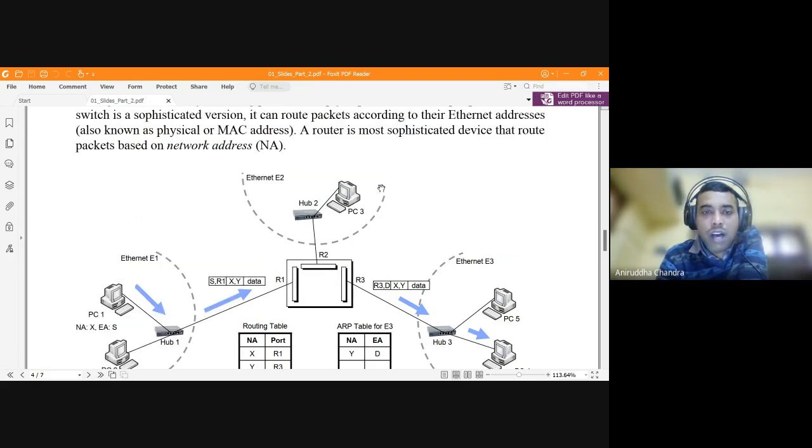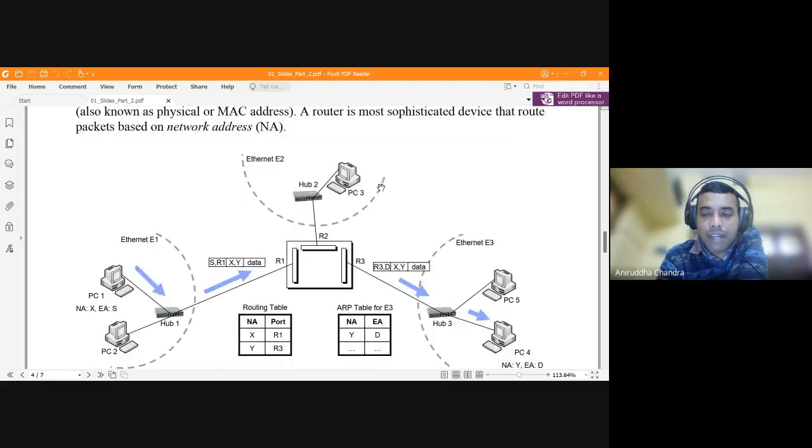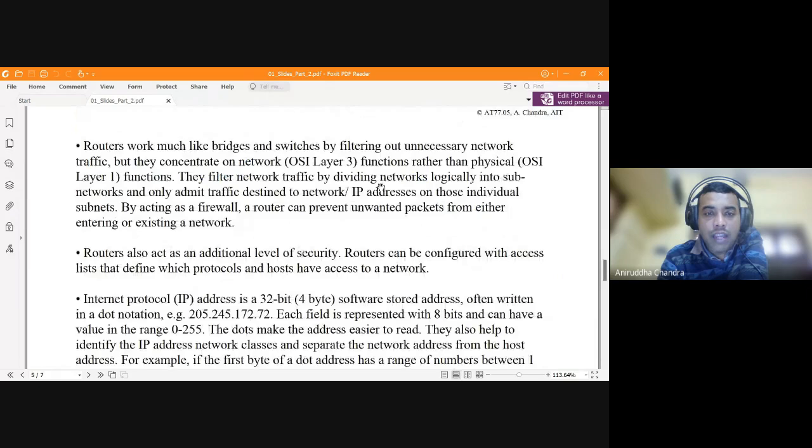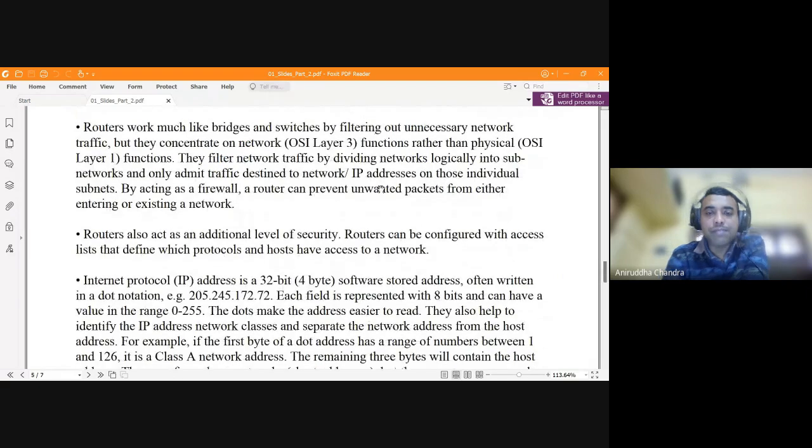So this is how the packet transfer occurs for a network with routers, and there are certain things that I want to talk about. First of all, I would like to talk about the OSI layers a little bit, because that will pave our way to our next class. In our next class, we will be talking about OSI layers.